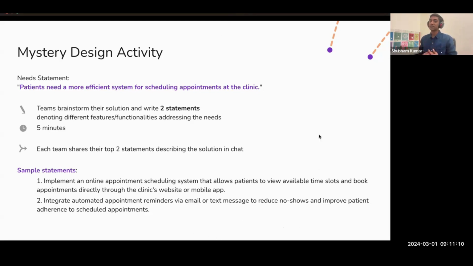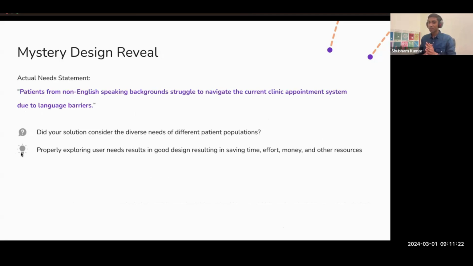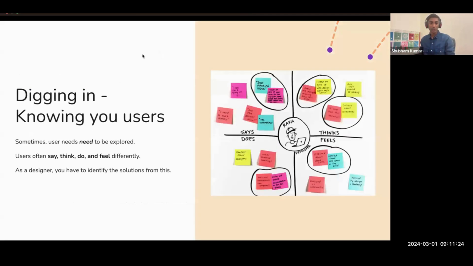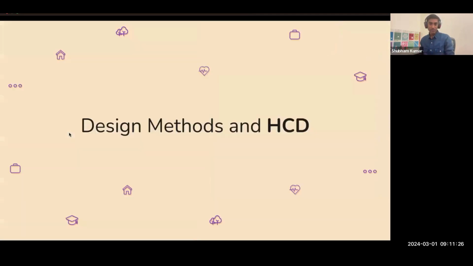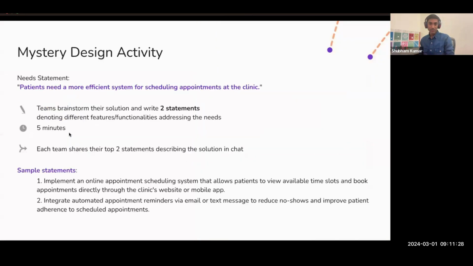This is the needs statement you're going to work with, and you're going to come up with two simple statements that denote different features or functionalities addressing the need. You have 5 minutes to do this.